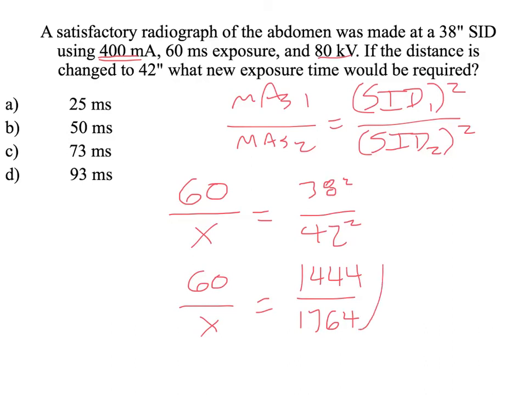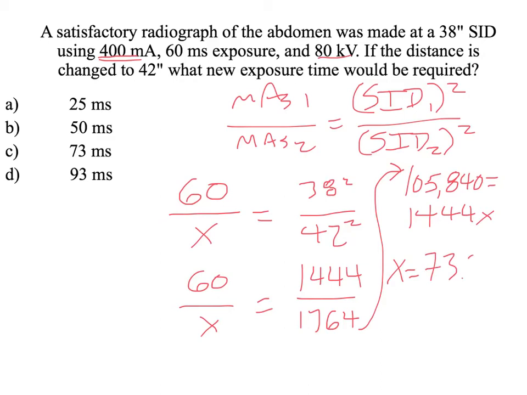So I'm going to move back up here and say 105,840 equals 1444x, right? So if I just divide that by 1444, I get 73.2. So x equals 73.29 something, and I'll round up to 73 milliseconds.